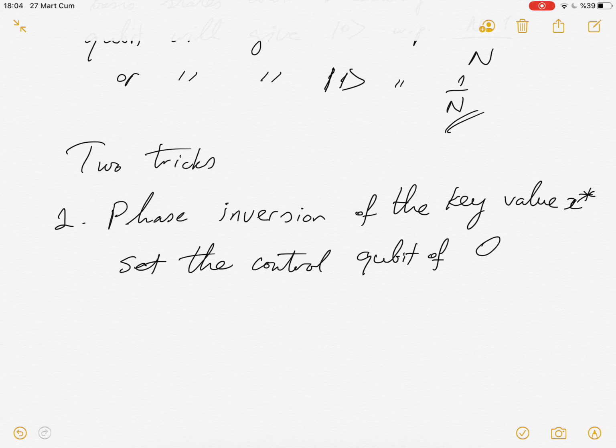We set the control qubit of the oracle O to ket 0 minus ket 1 divided by square root of 2. That is basically equal to Hadamard applied to ket 1.